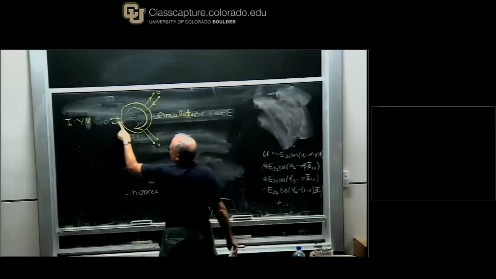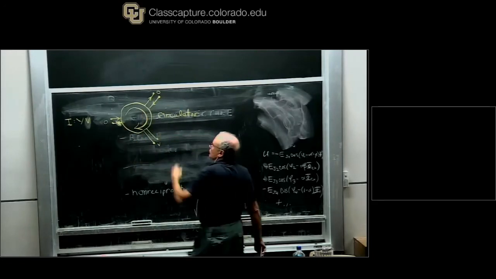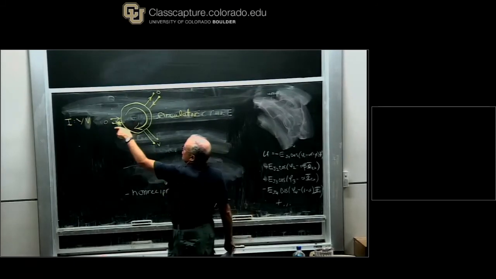Oops, I was trying to be careful with my arrows, so current goes in here and out there, basically. And these, indeed it's two-port, so the current flows back to ground here.